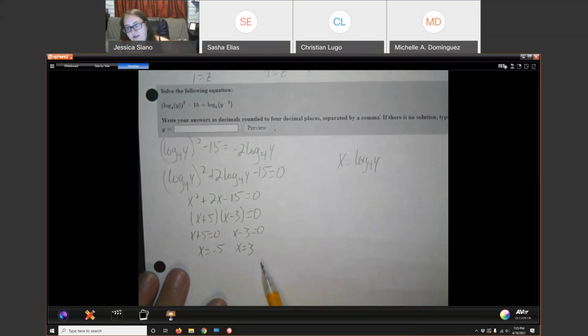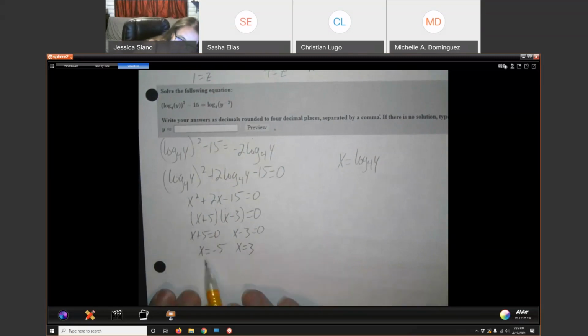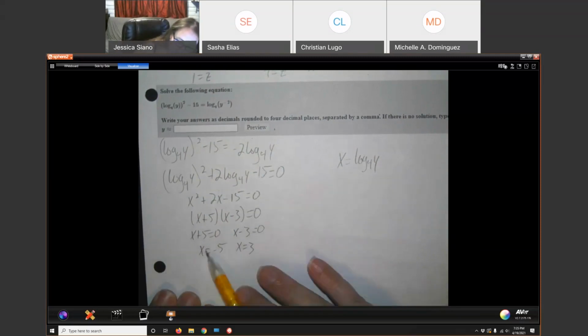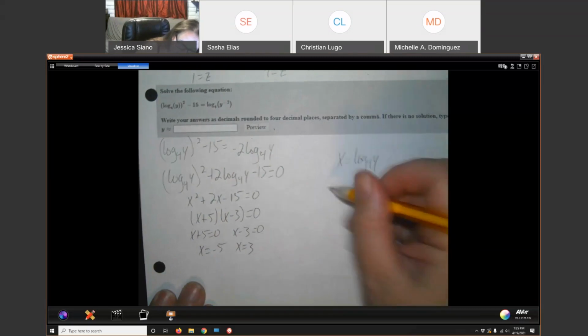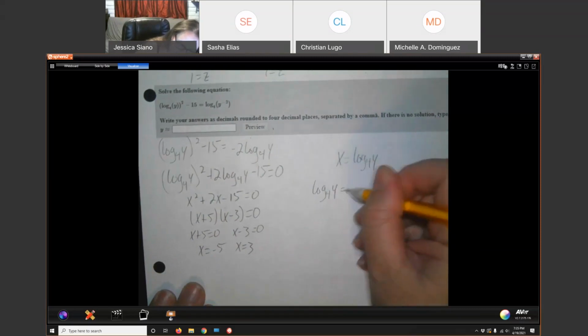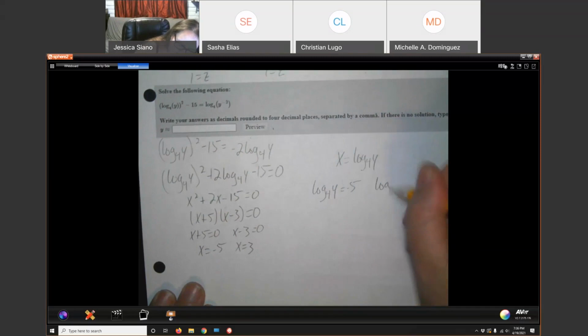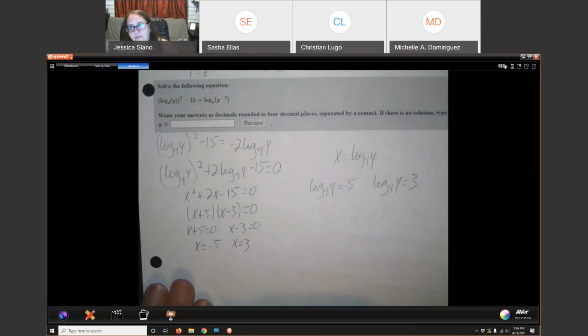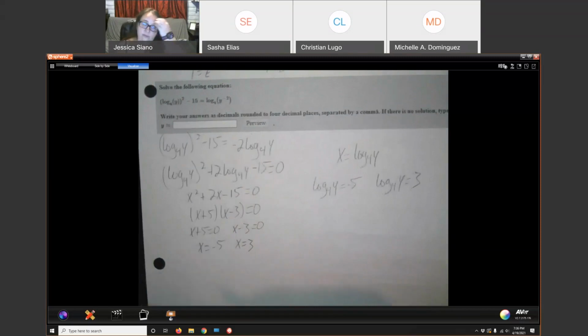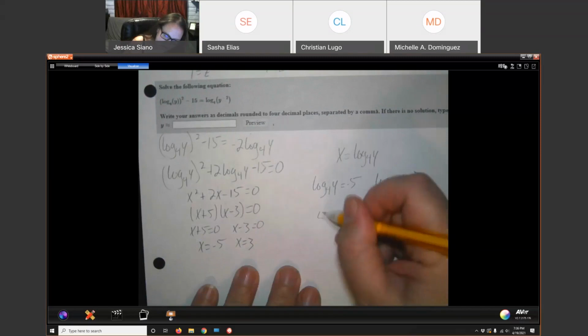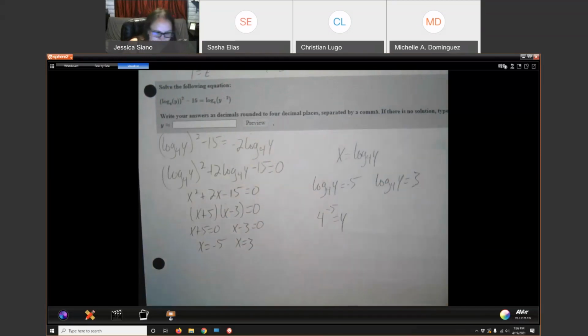But you then have to turn this back. So then I would have to say, okay, since x is the log base 4 of y, then the log base 4 of y equals -5, and the log base 4 of y equals 3. So this would be 4 to the -5 equals y.